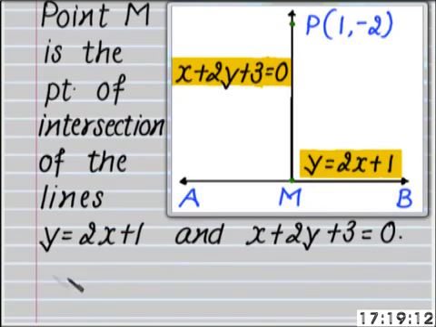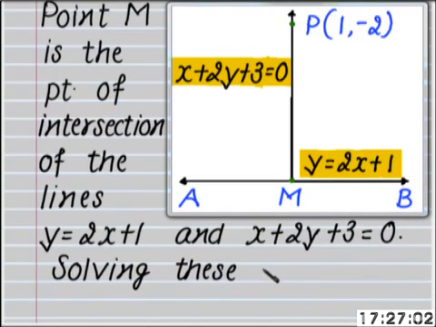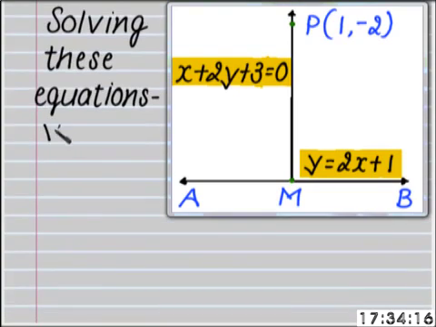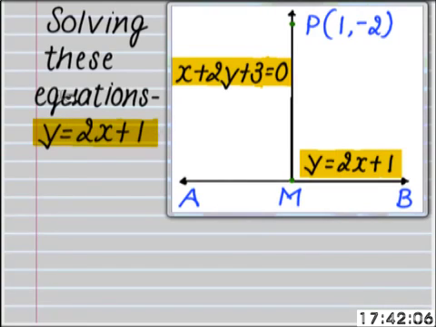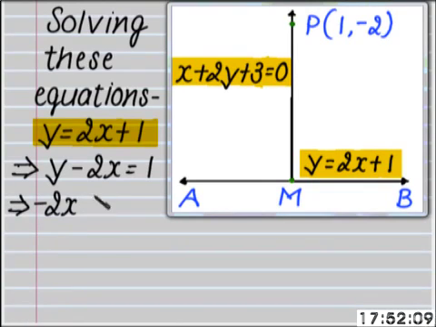Now solving these equations, y equal to 2x plus 1 can be written as y minus 2x is equal to 1 implies that minus 2x plus y is equal to 1.